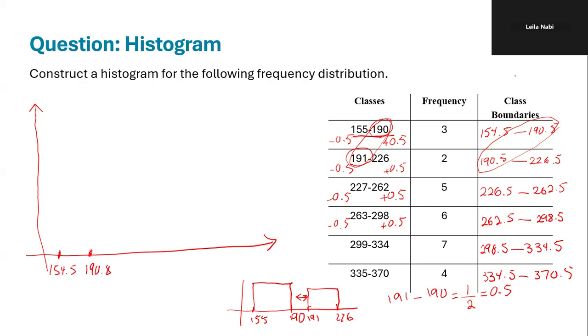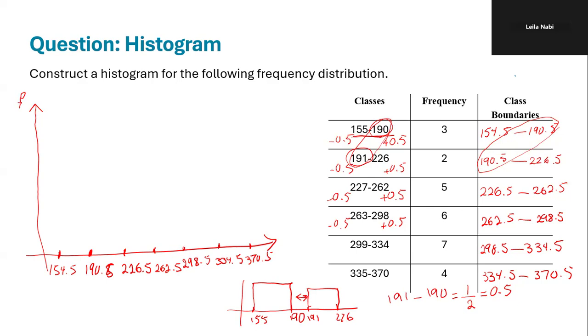Second class is starting from 190.5 up to 226.5. 226.5 to 262.5. 262.5 to 298.5. 298.5 to 334.5. And the last one up to 370.5.